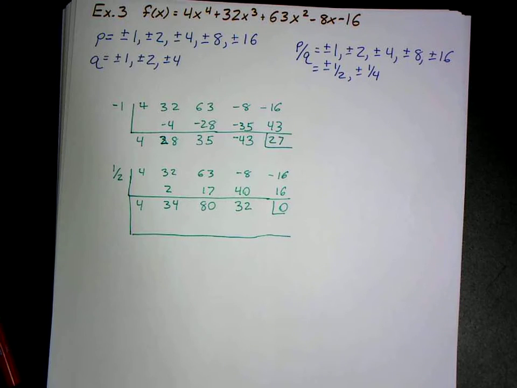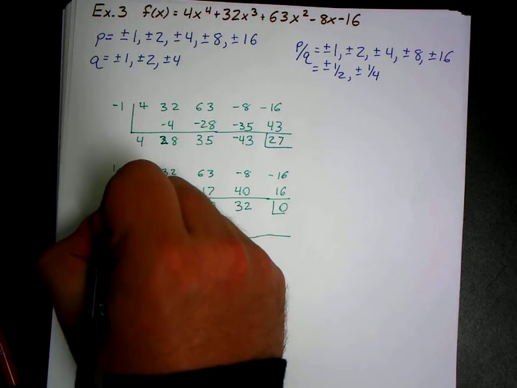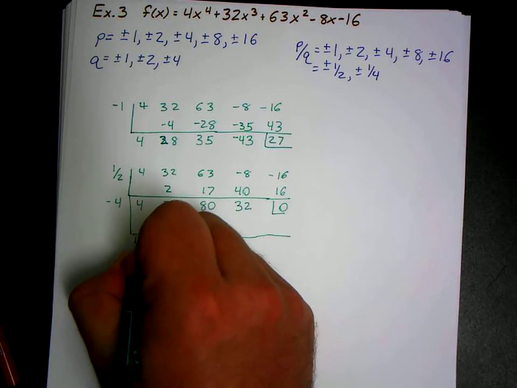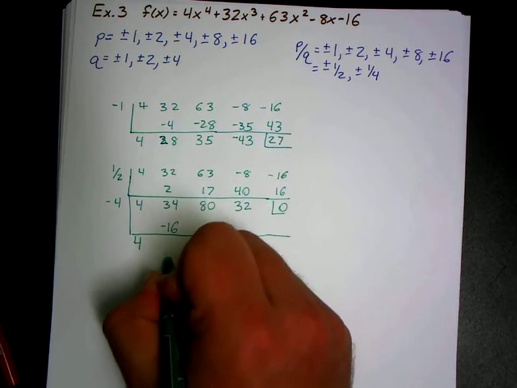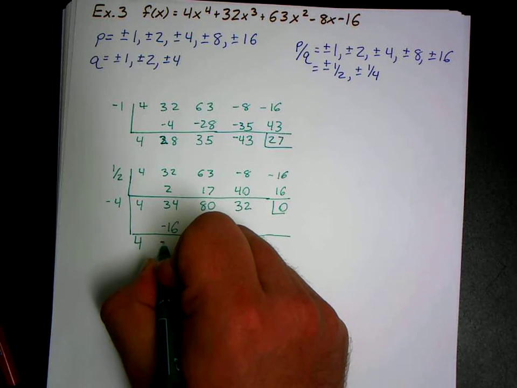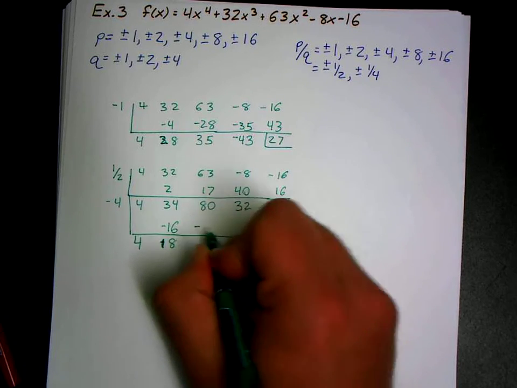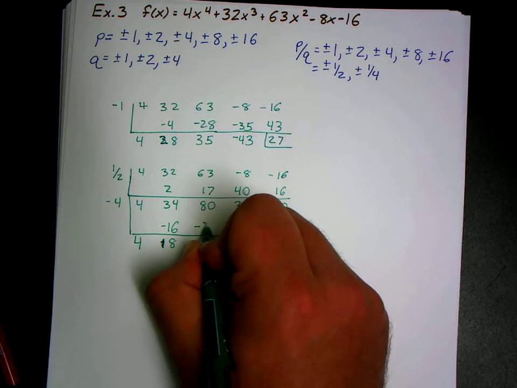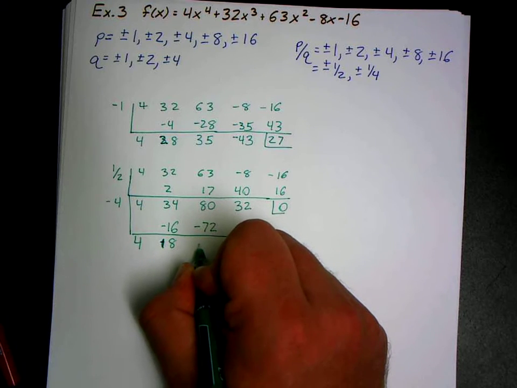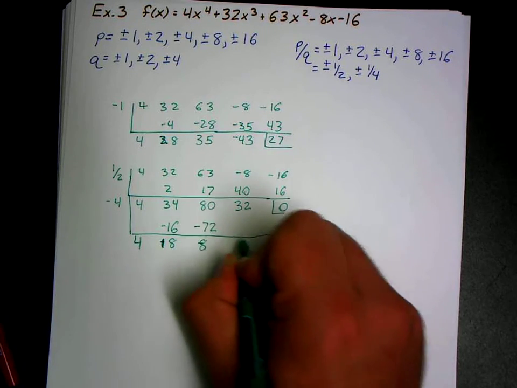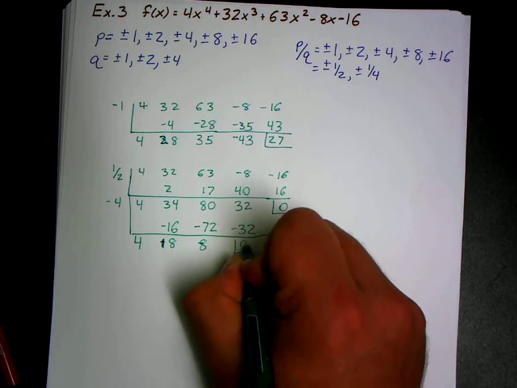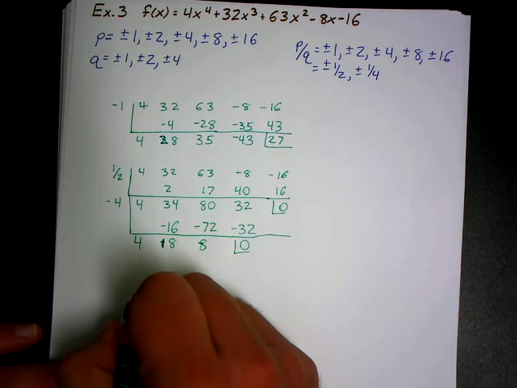Another number that would work. Where's my list? -4. Not negative, just 18. Let's see, negative 72, right? Okay, that is small enough that we can divide.